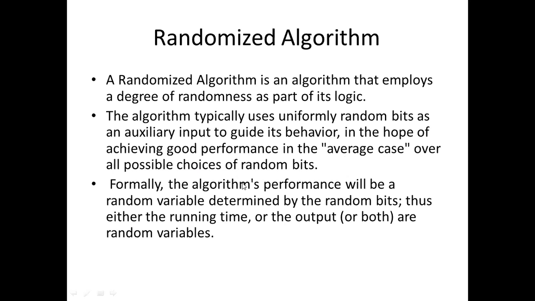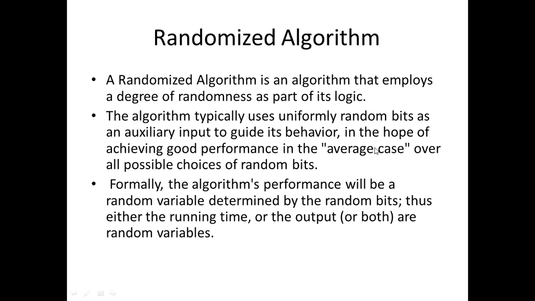That means in addition to the input, we are giving the random bits also as an input to the algorithm to guide how it behaves, and we will get the average case behavior.